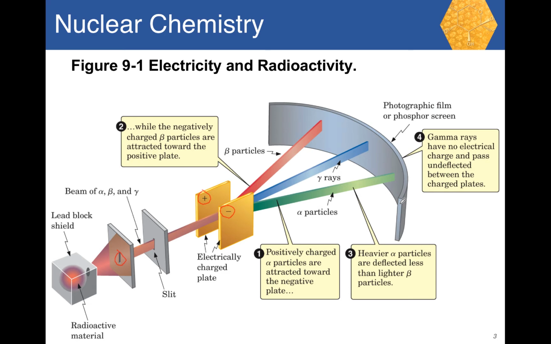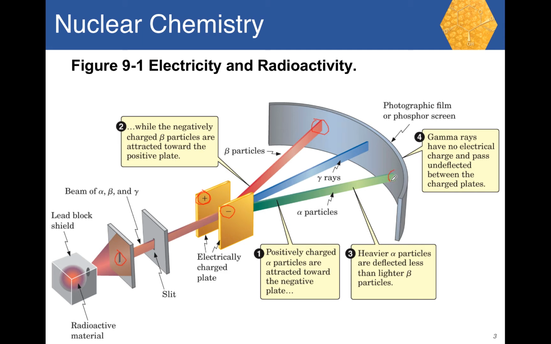But what he observed was that there were some images on the photographic film. He also observed some on this side, which he concluded were attracted because of the positive nature of the electrode here. So he concluded those were negative because, of course, as you know, negatives attract to positive.